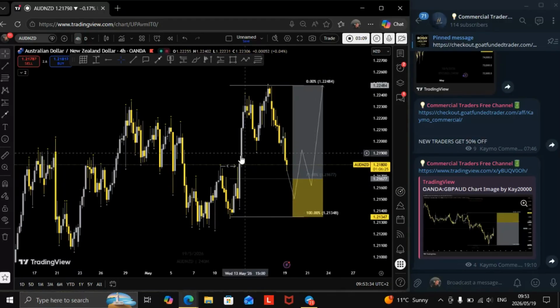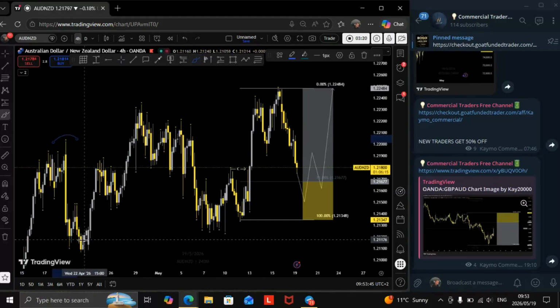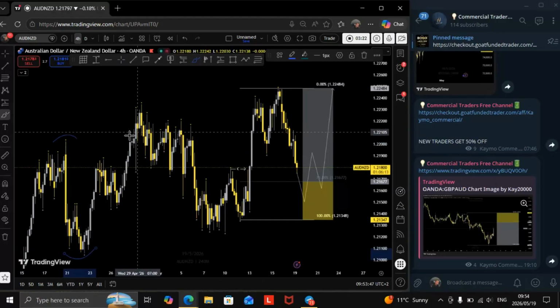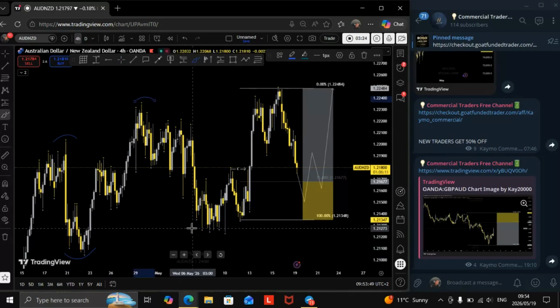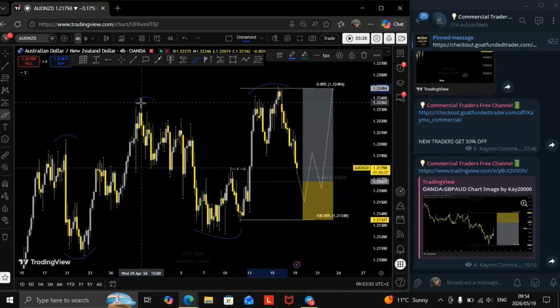But if we look into this, price has been very bullish for some time now. You see, there was a high here and there was a low. There was a high, there was a low, there was a high. So basically, this high was taken out, right?